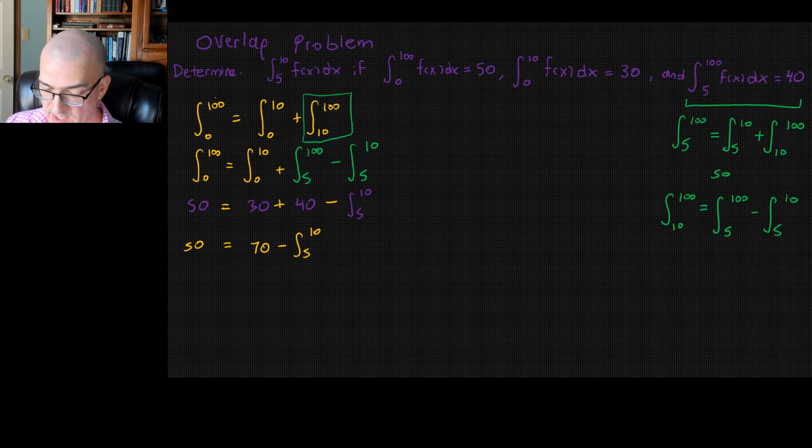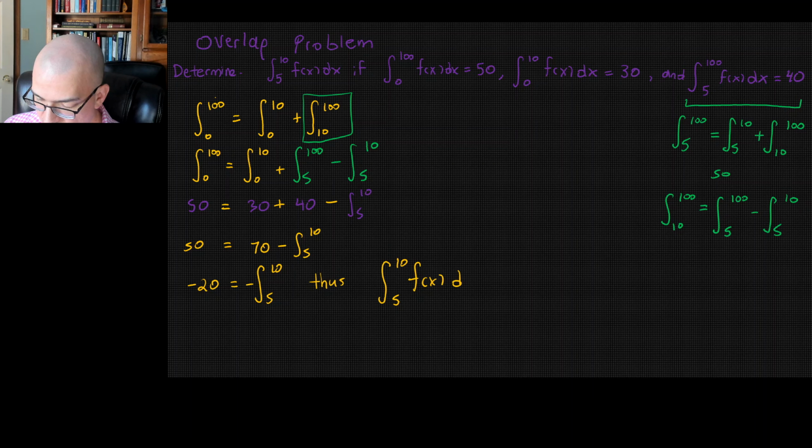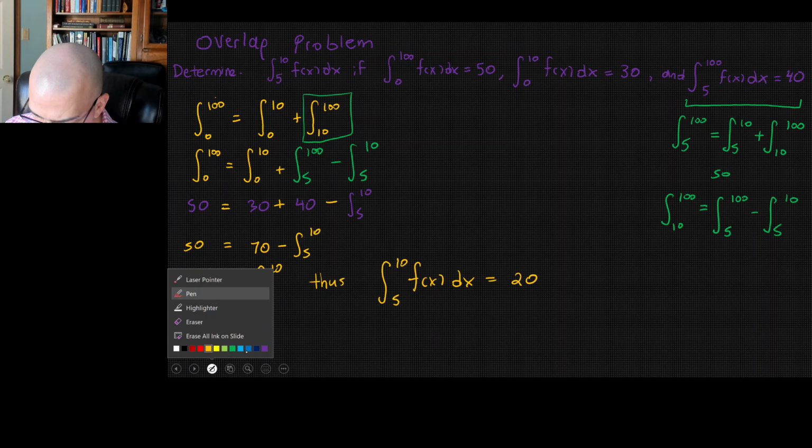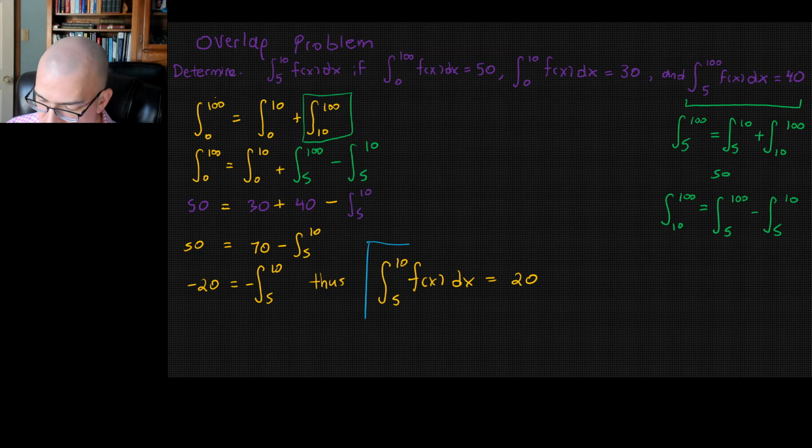Subtract 70 from both sides, so negative 20 is equal to the negative integral from 5 to 10. And thus, the integral from 5 to 10 of f of x dx is equal to 20. So that's one reasoning that we can use.